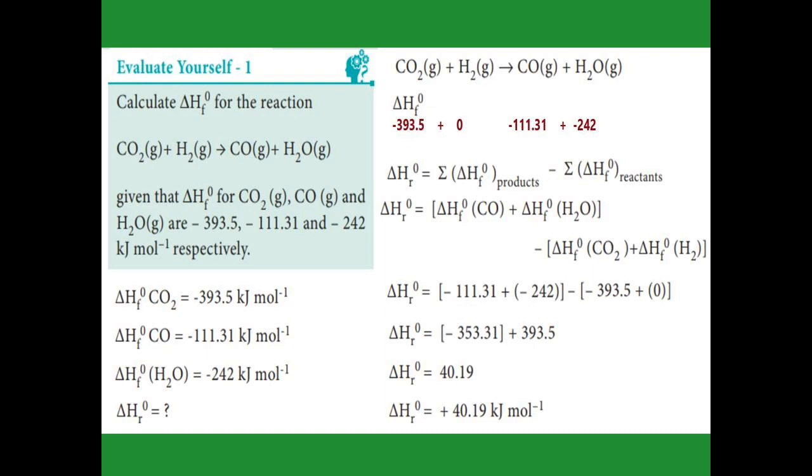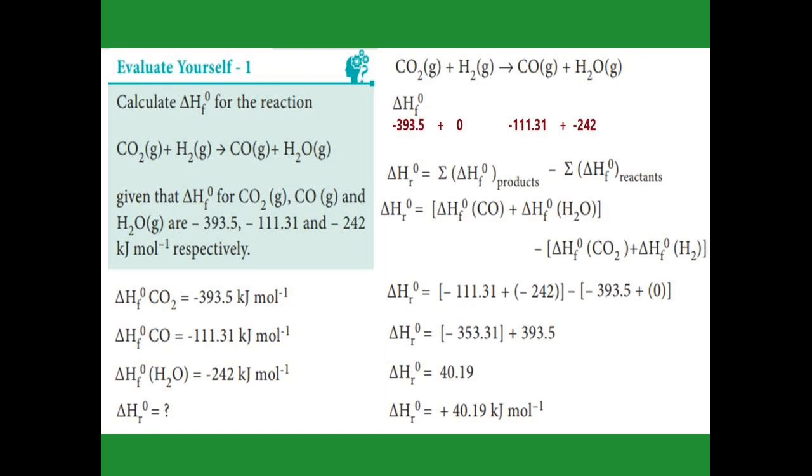In this problem, we are going to find out the standard enthalpy of the reaction. In that reaction, carbon dioxide reacts with hydrogen to give carbon monoxide plus water. Here hydrogen is an element, so for the element the standard enthalpy change is 0, and the carbon dioxide value is given, the carbon monoxide value is also given, and water also given.